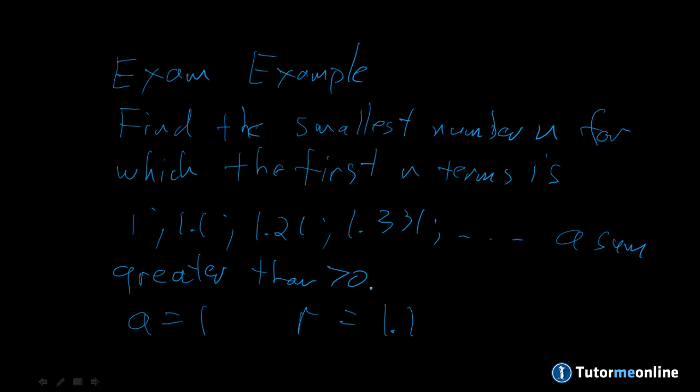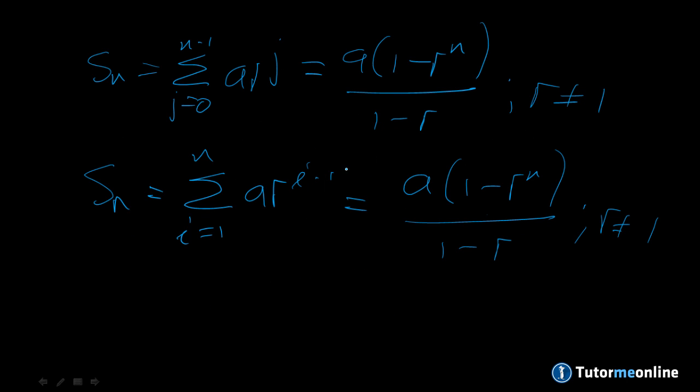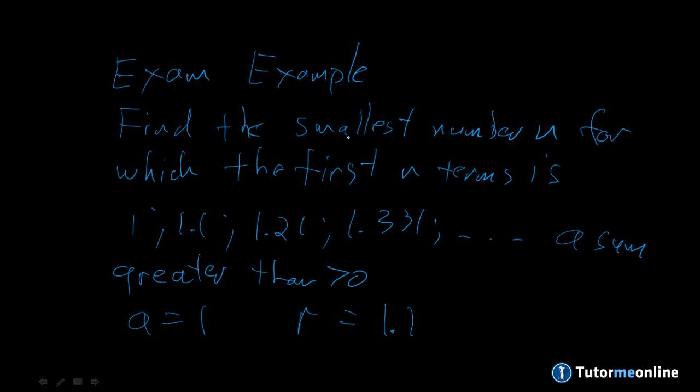If we now look at the basic formula of a geometric series, we can just repeat it here. The basic formula for a geometric series is equal to a, which is the first term, multiplied by 1 minus r to the power of n, where r is the common ratio of the geometric progression, divided by 1 minus r, as long as r is not equal to 1.